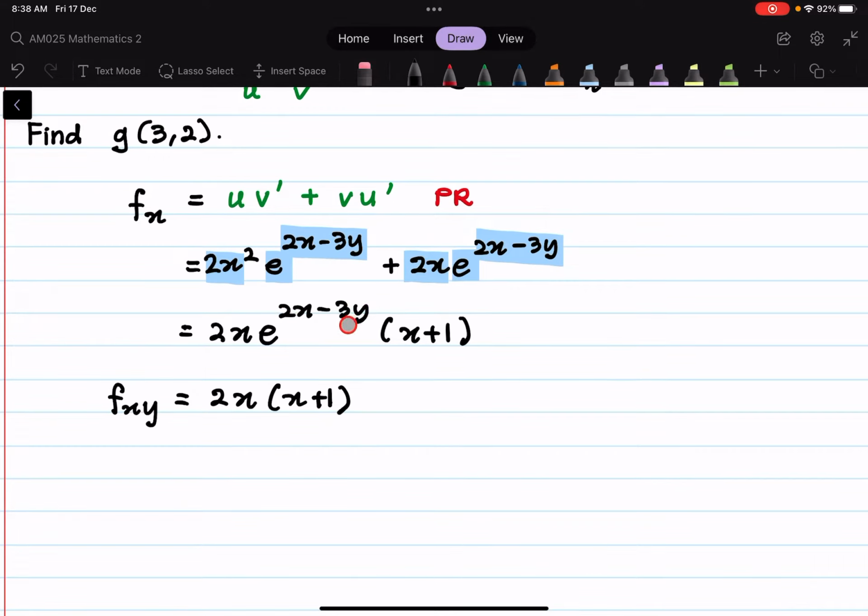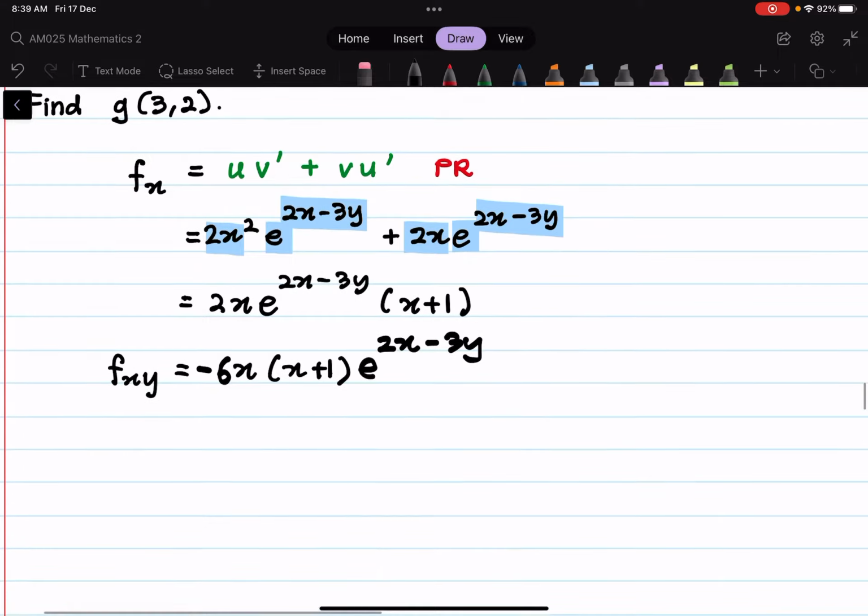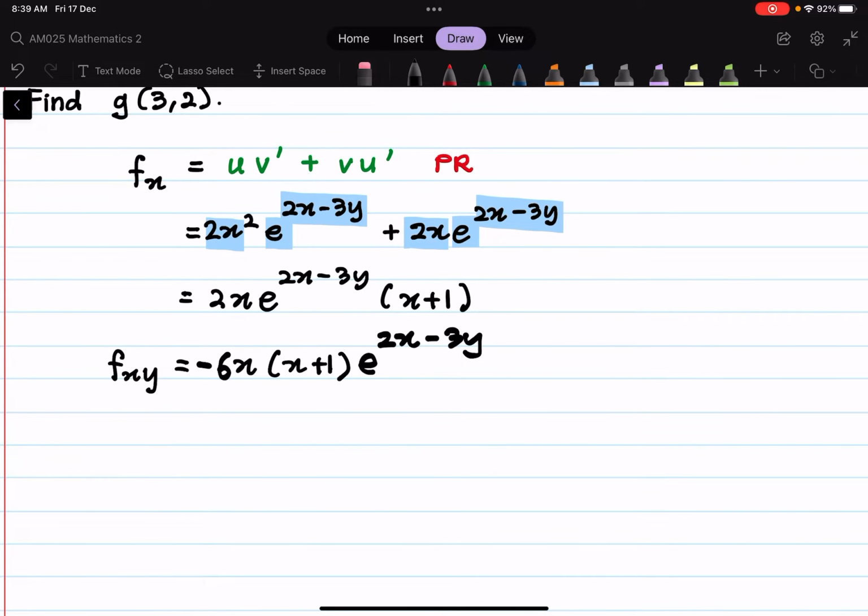If we differentiate 2x minus 3y with respect to y, we're going to get negative 3, because 2x is a constant, so the derivative of a constant is 0. So this negative 3 will times with the 2x(x + 1), and we're going to get negative 6. So we copy down e^(2x - 3y) there. So now that is for f sub xy.